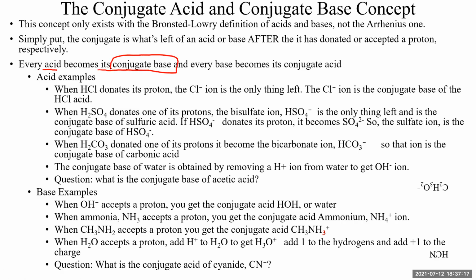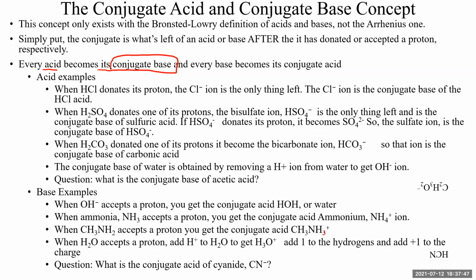Now, the only difference between whether a compound is natively an acid or a conjugate base has to do with where it's derived from and how we normally see that particular compound. Do we normally see that compound existing free in nature, or do we see the compound only as the result of a reaction that's occurred between that acid and some other base, or between that base and some other acid?